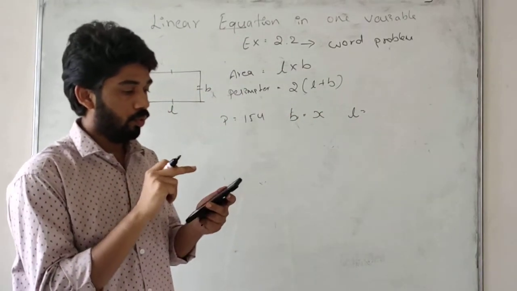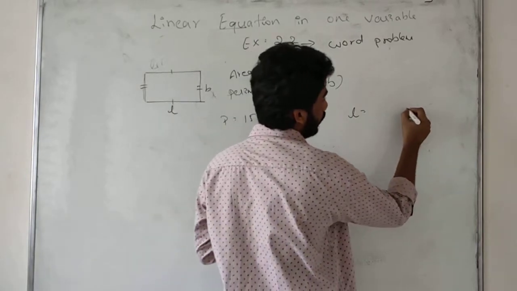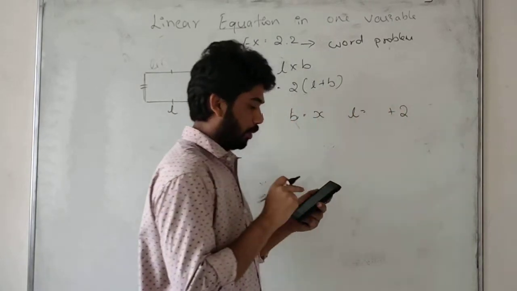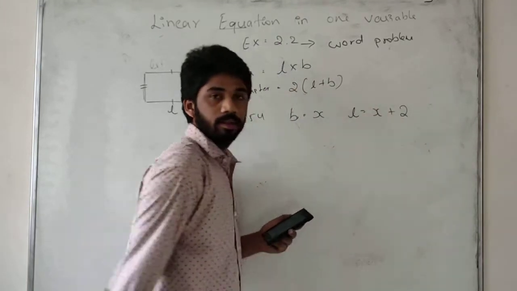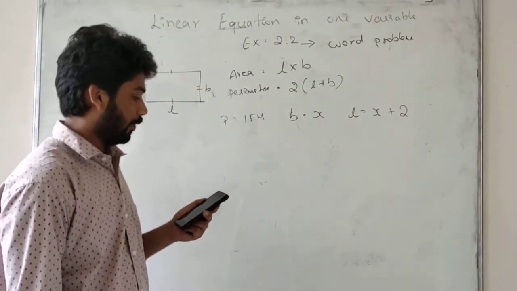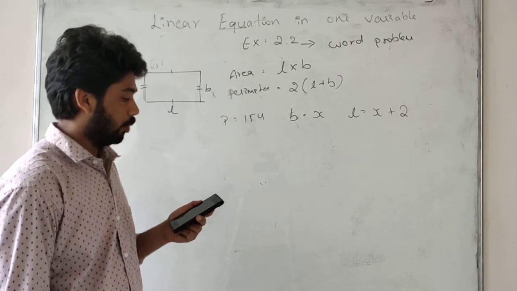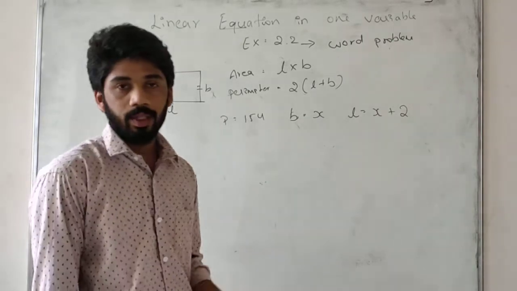Length is 2 meters more than twice its breadth, so length is 2x plus 2. Find the length and breadth of the pool. We have to find L and B in this one.